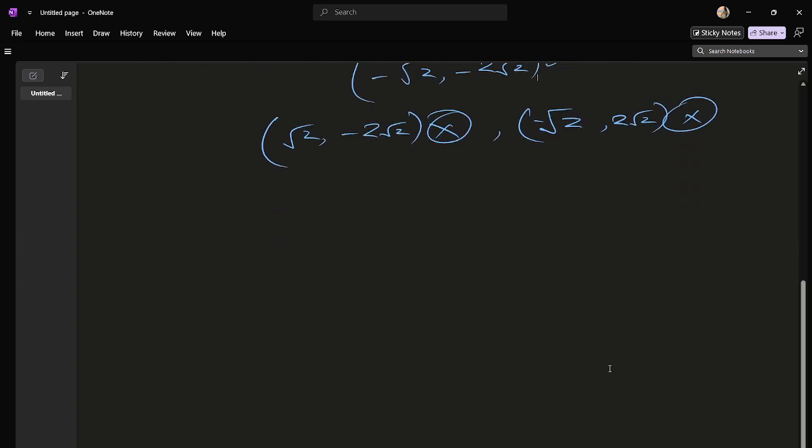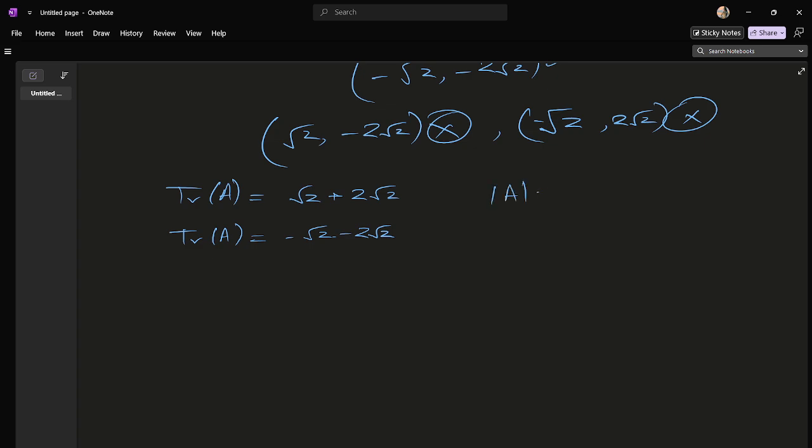So now we have to find the characteristic polynomial of B. Again, we are using the fact that the trace of B can be both root 2 plus 2 root 2, and the trace of B can be minus root 2, minus 2 root 2. And the determinant of B in both cases will be 4.